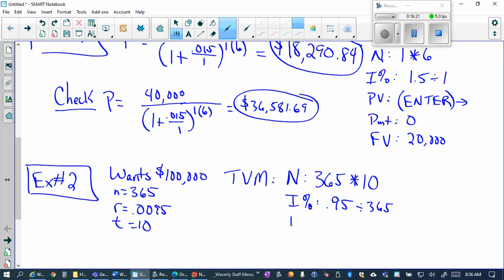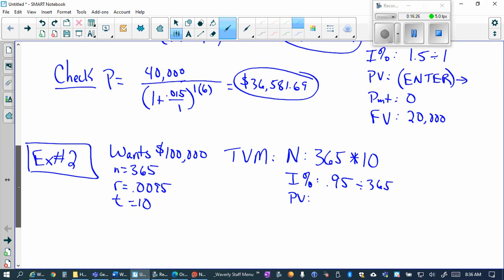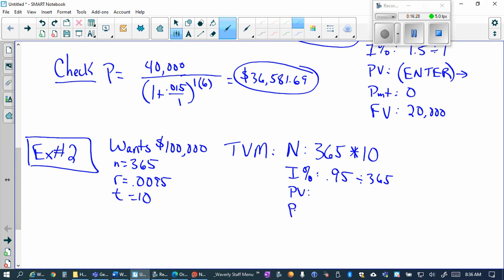So present value, we don't know yet, right? We're going to hit enter there in a minute. And there's no payment being made. And how much do they want? $100,000 positive. So we'll keep a 0 in for payment. So you're going to put all that in, right? And see what it spits out.